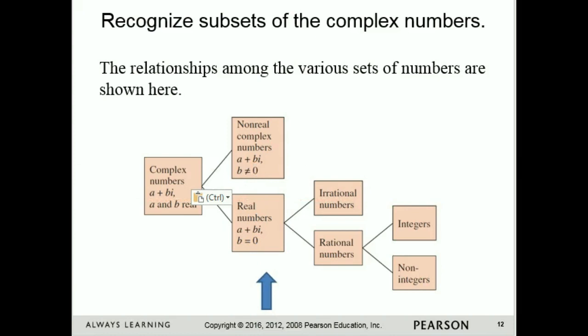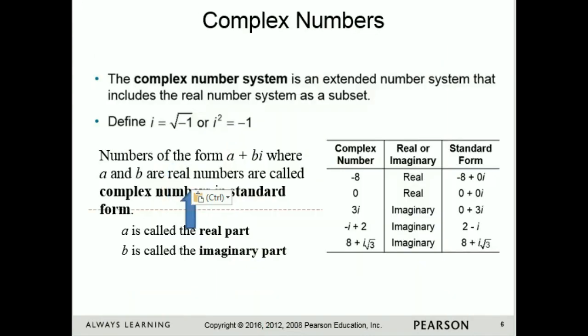But just at this point, complex numbers do involve real numbers. And as you can see here, in this case, the b part of the standard form is 0. So your real numbers can be represented in a complex way. Notice here we have -8. It's a real number, and its standard form is -8 plus 0i.